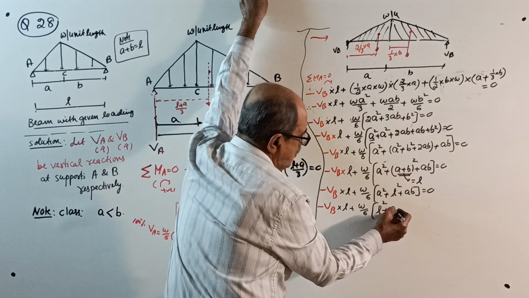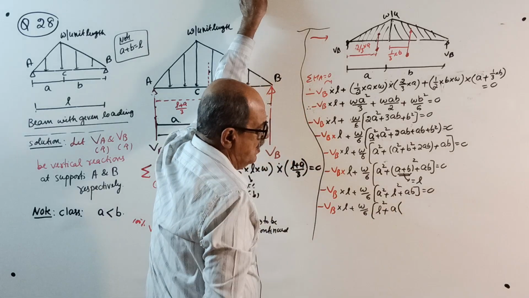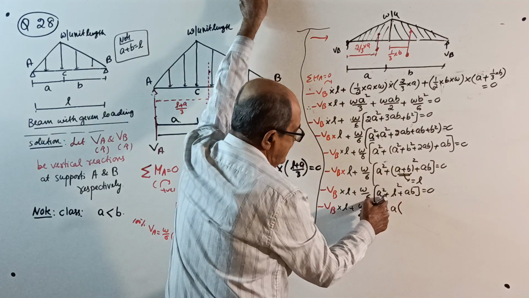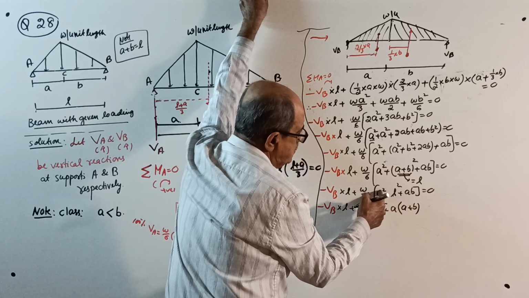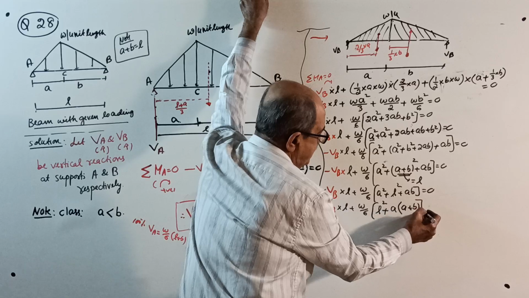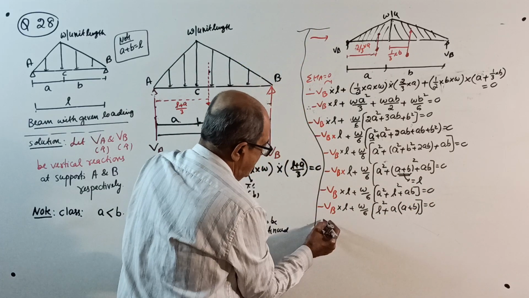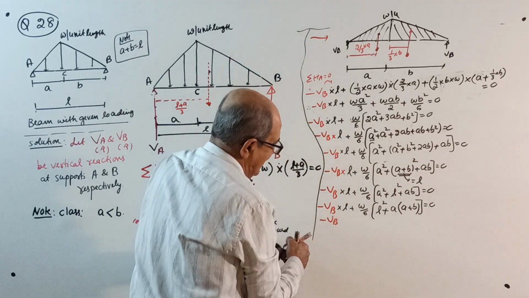Take A outside. If I take A outside, what happens? A outside, it becomes A plus B once again. See, from these two, take A outside. A plus B equal to 0. Or minus VB into L.